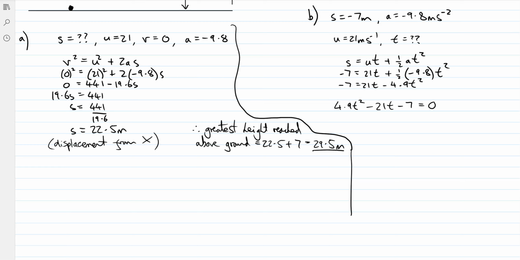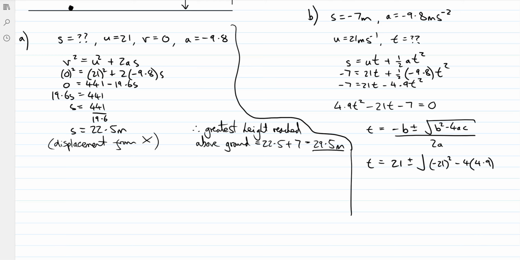because it's pretty ugly. So T is minus B plus or minus the square root of B squared minus 4AC, all over 2A, and sub in. So remember B is our coefficient of the X term, or in this case the T term, so B is -21, so minus B is 21, plus or minus the square root of B squared, minus 4A, coefficient of T squared, C, -7.